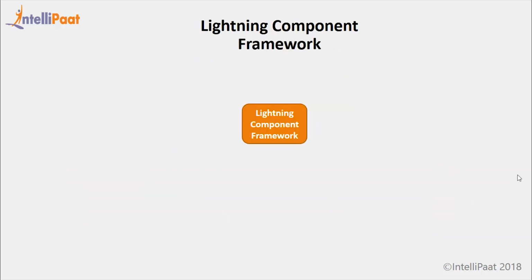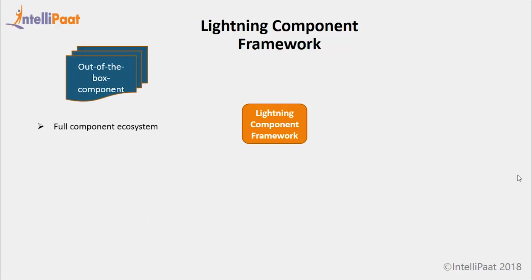Let us go in detail about Lightning Component Framework, which forms the most important portion of Salesforce Lightning. So the first feature is out of the box component. This is nothing but a collection of components which can be used to create apps. Then these are reusable components.